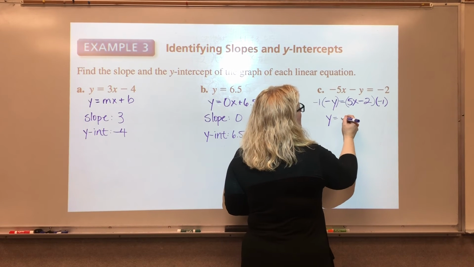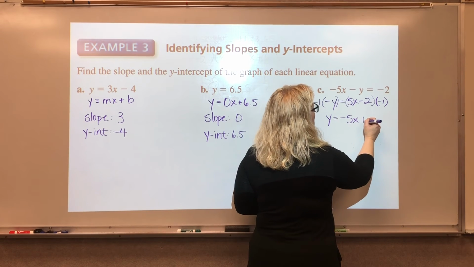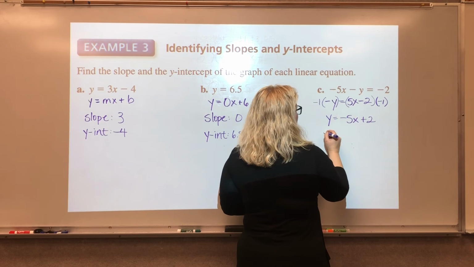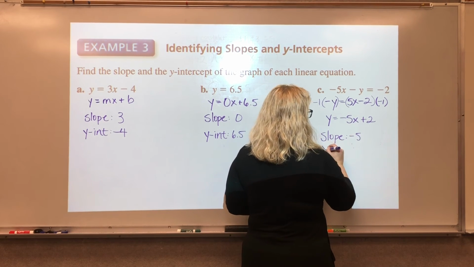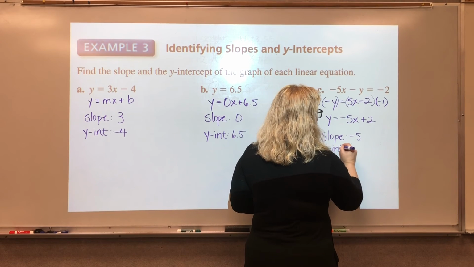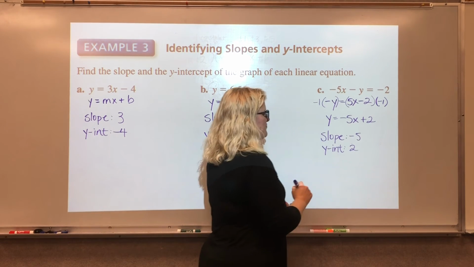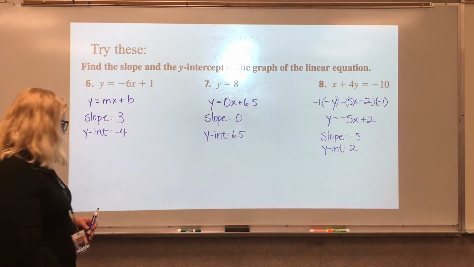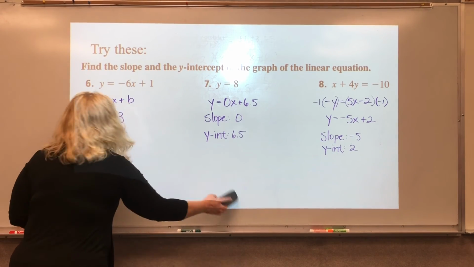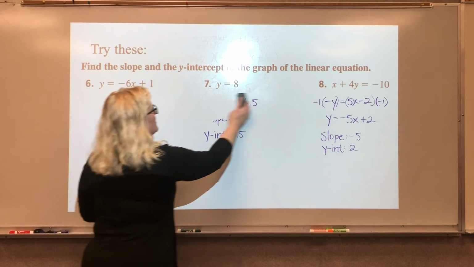So I get y equals negative 5x plus 2. So my slope is -5, and my y-intercept is 2.